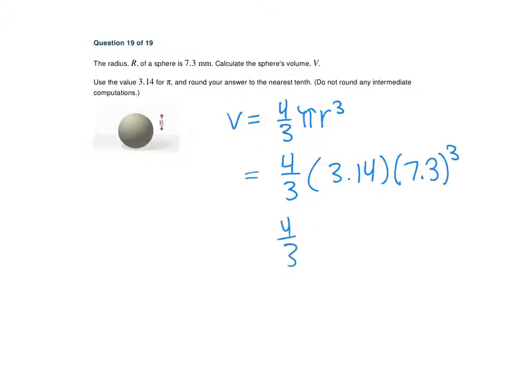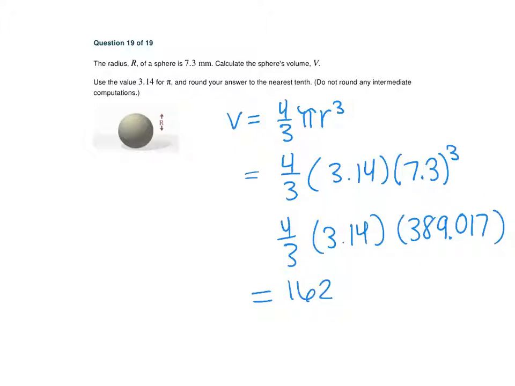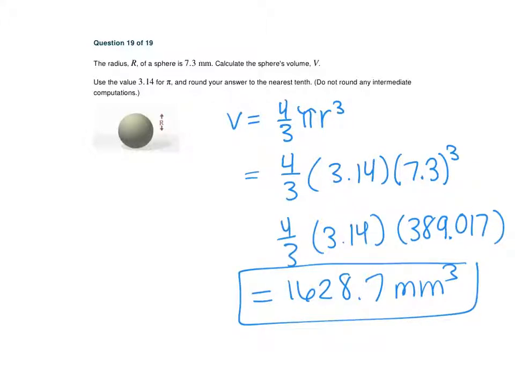When you simplify this, you should get the following. And when I multiply those all together, I get a final answer of 1,628.7 millimeters cubed.